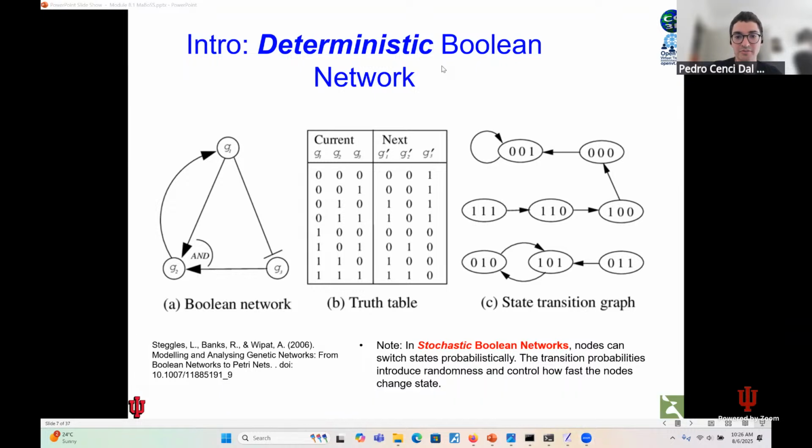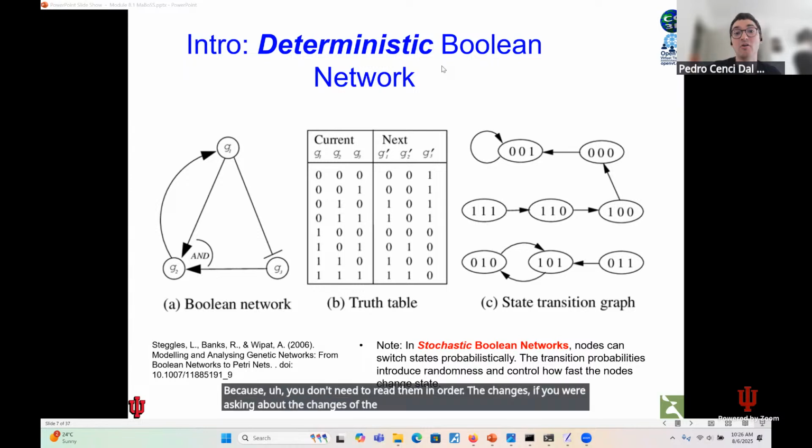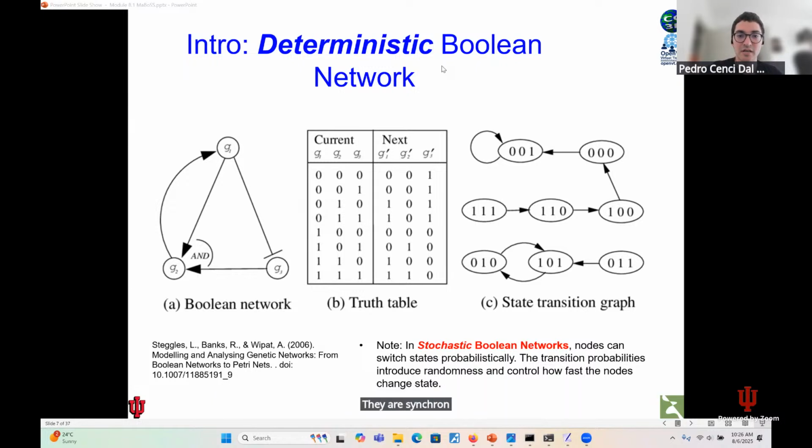Is the rule that you need to read from G1 to G3 in that order? Good question from Clara. So you don't read them in order because you don't need to. The changes, if you're asking about the changes of the nodes, they all happen simultaneously. They are synchronous changes.